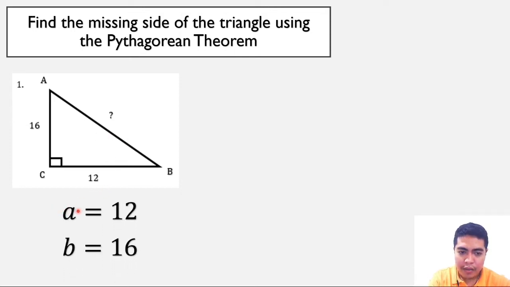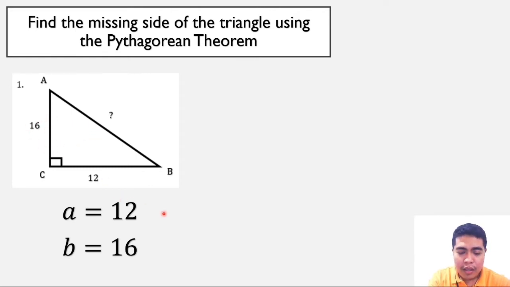Now A is 12, B is 16. By the way, this is A because the side opposite angle A is side A, and this is B, 16, because the side opposite angle B is side B.